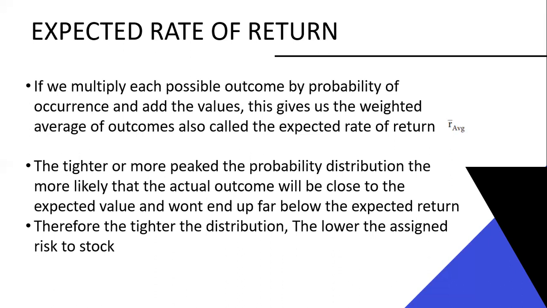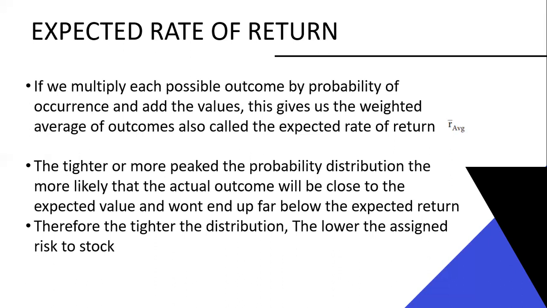And the probability that the return is going to be 3% is maybe 10%, because remember, your probabilities have to add up. If you have to find the expected rate of return, you would multiply the probability with the return in each case and add them all up. Basically, all you're doing is taking a weighted average. And when you take the weighted average, you will get the expected rate of return.